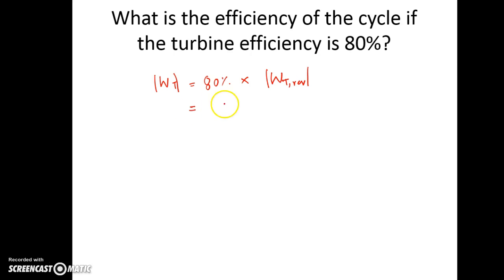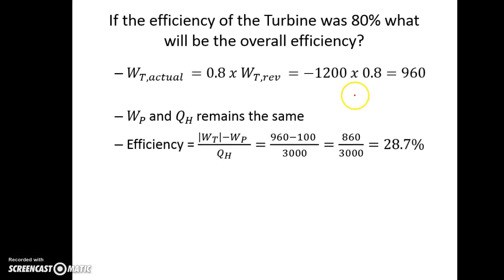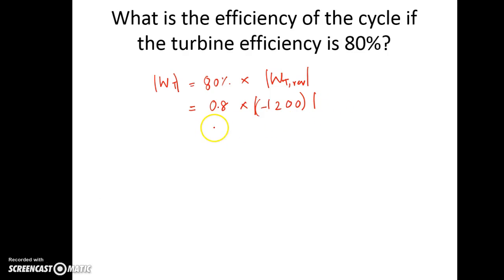So our actual work is 0.8 times 1200 that I computed previously, which is equal to 960 kilojoules per kilogram. So my actual work done is less than the work done by a reversible process, which makes sense.